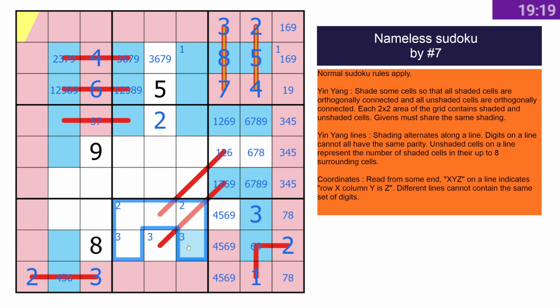If this cell's pink, what could it be? Couldn't be 1, couldn't be 2 or 5. If it's pink, it's either 3 or 4, thinking about the blues surrounding it. I haven't gone back far enough, have I?